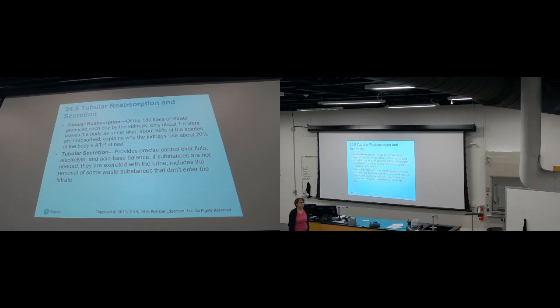Okay, now for tubular reabsorption and secretion. So reabsorption again is reclaiming whatever our body needs. So in this filtrate goes not only wastes and excess of ions, but also nutrients like glucose, amino acids.